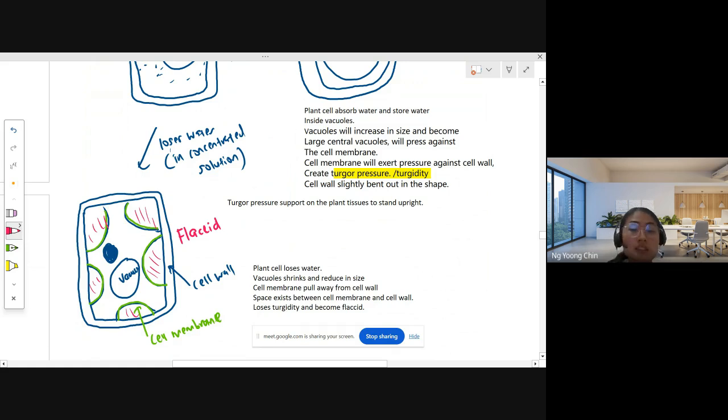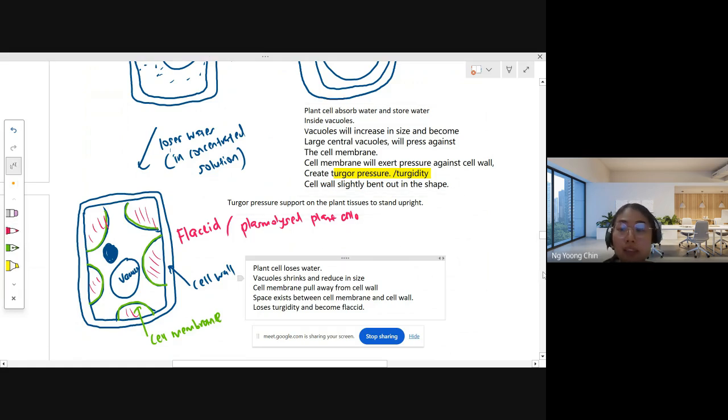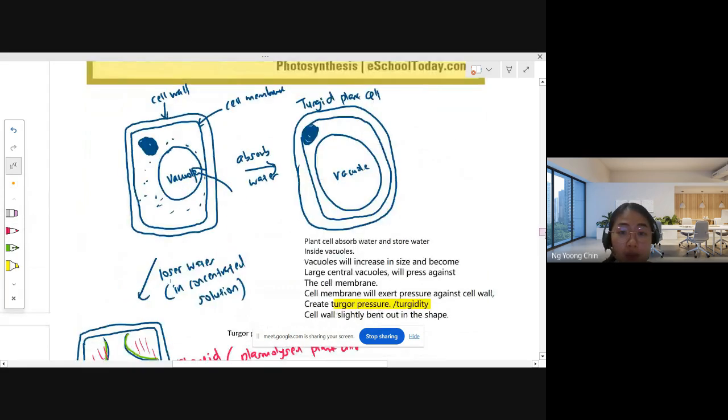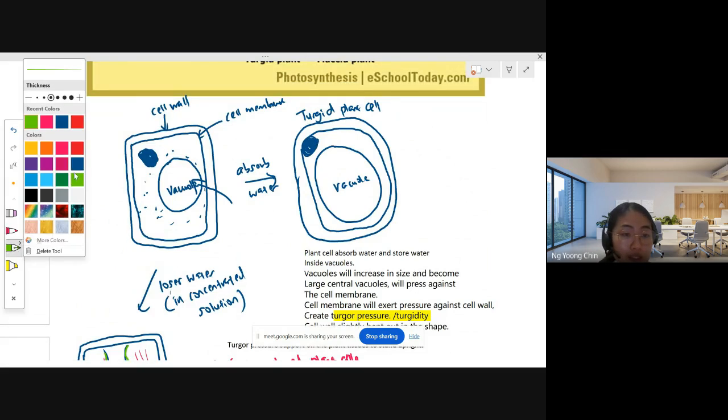Flaccid, or sometimes we call it a plasmolyzed plant cell. Okay, so that's the story about it. Then please refer to the picture above.